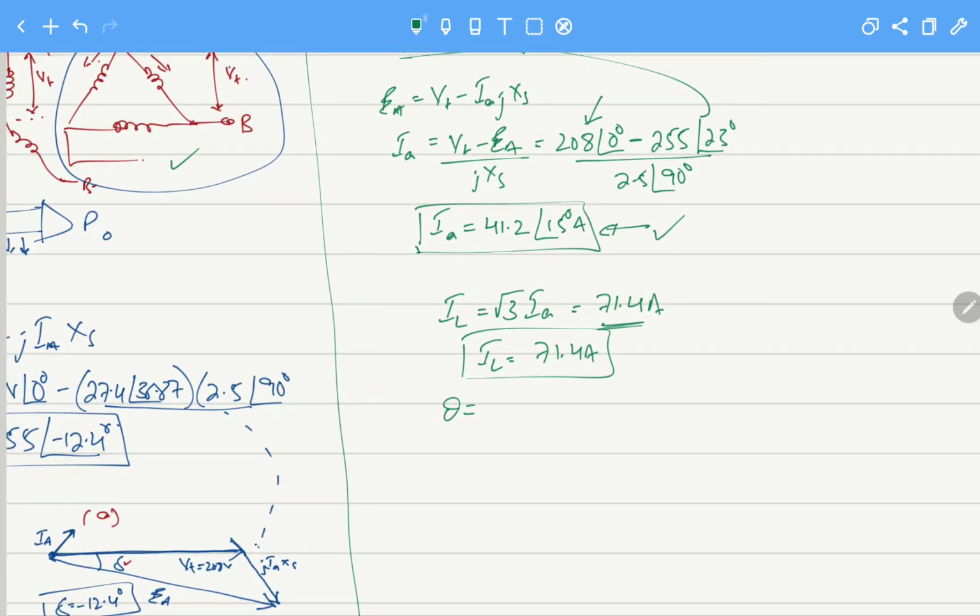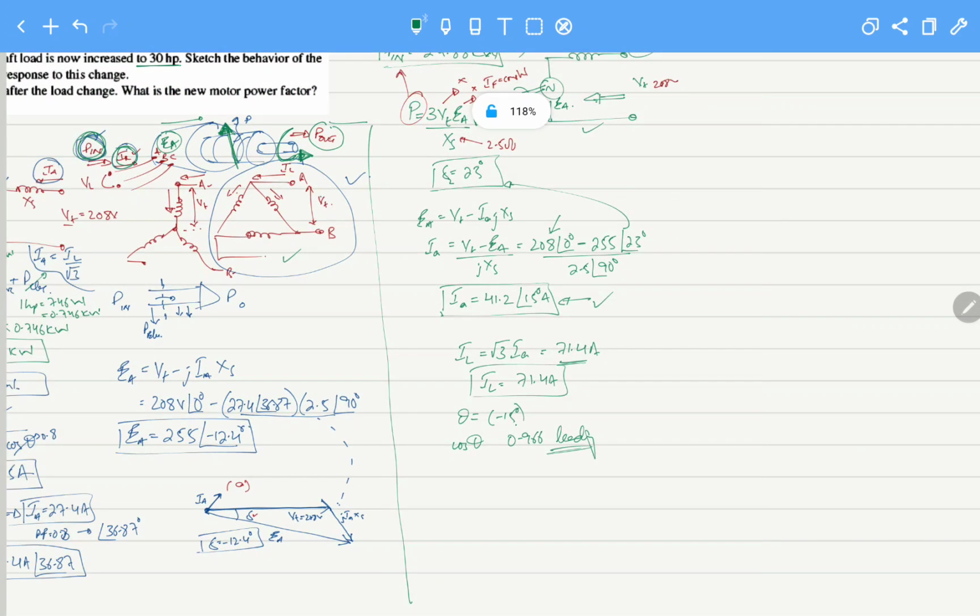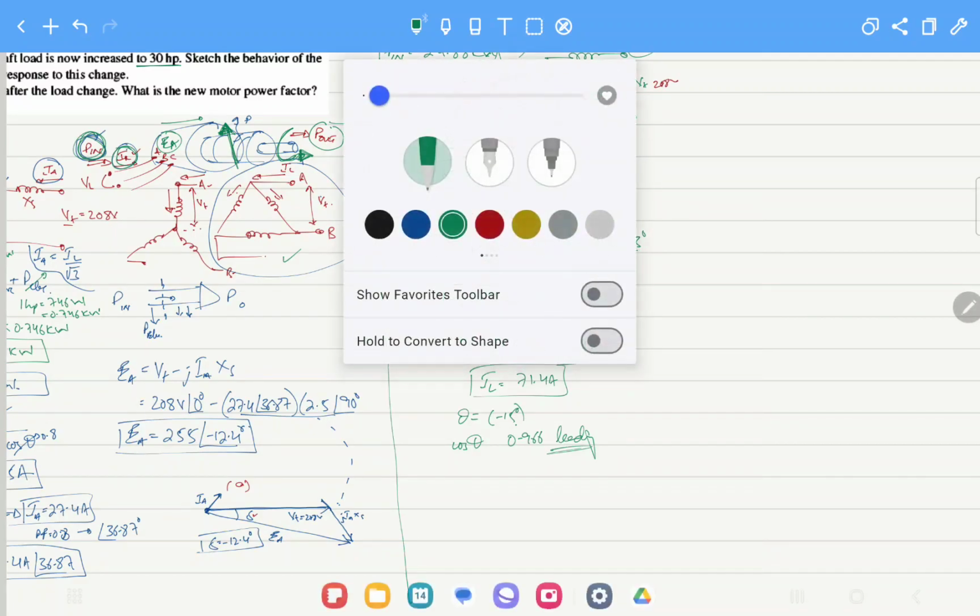So our theta is equal to minus 15 degrees, and cos of theta is 0.966. The current is leading, the angle is positive, so the power factor is positive. And this is how we can solve this.